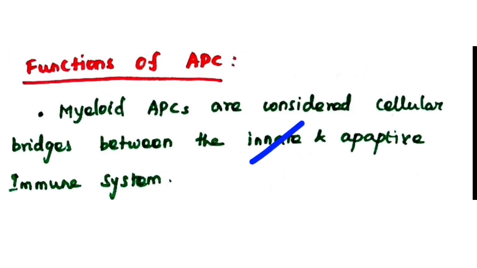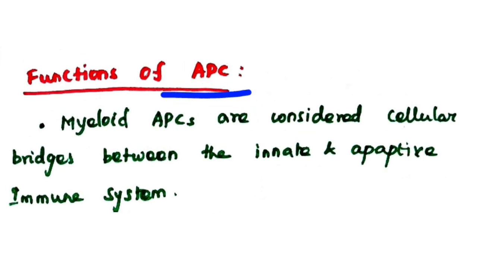As we know, the innate immune system is a non-specific defense system and the adaptive immune system is a specific immune defense system. So these antigen presenting cells make a bridge between the innate and adaptive immune system by two processes: one is phagocytosis and then antigen presentation.